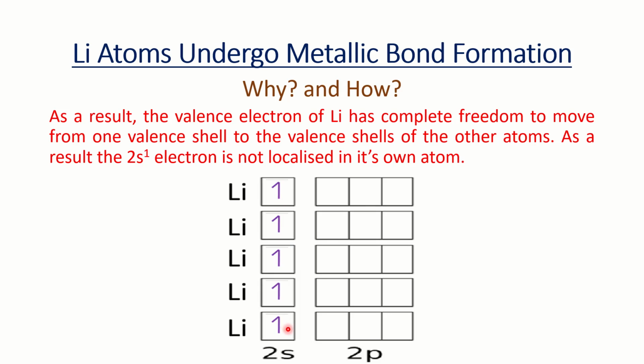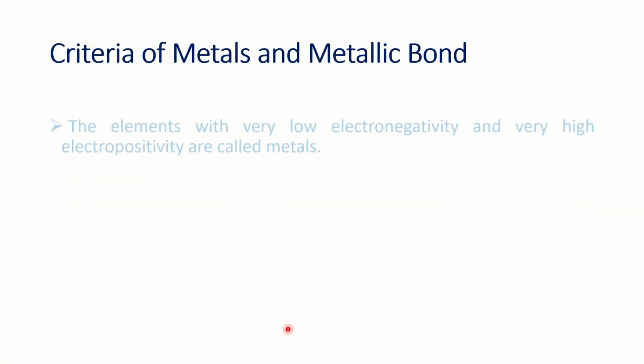Therefore, the valence electron of lithium has complete freedom to move from one valence shell to the valence shells of the other atoms. As a result, the 2s1 electron is not localized in its own atom.